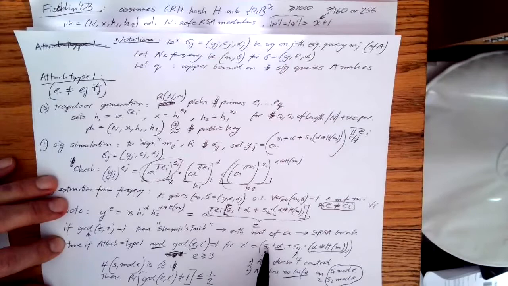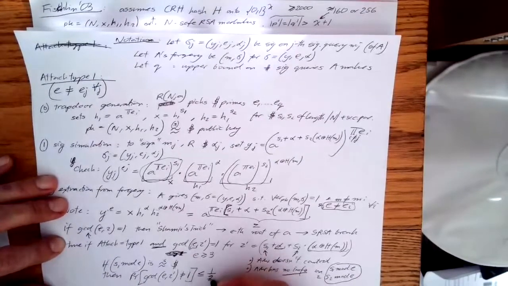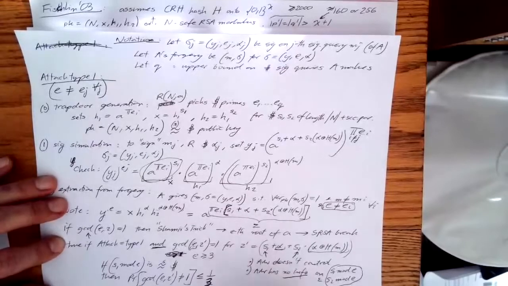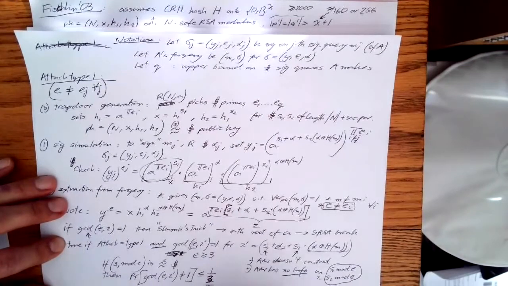And for S1, so basically consider any prime divisors of E. Okay, they have to be at least 3 because it's an odd number. Then the probability that S1 mod that prime divisor of E is not 0 is at least 1 over that prime divisor, so it's at least that.